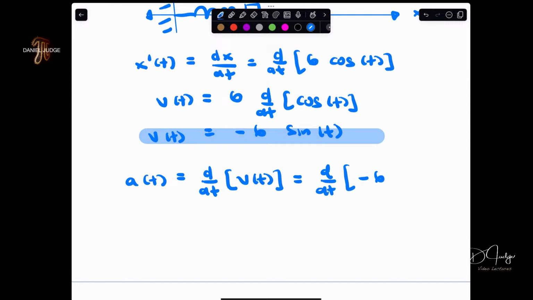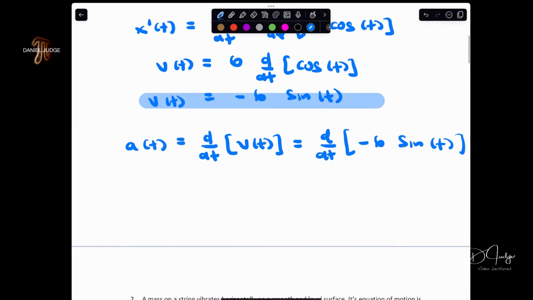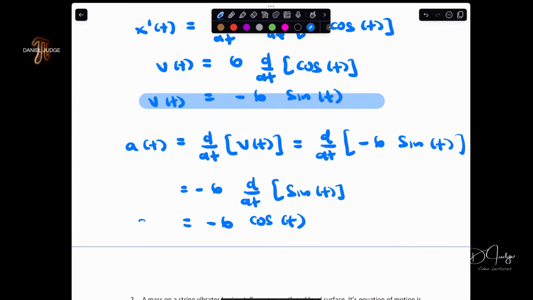And so I have to differentiate negative 6 sine t. Pull out your constant and differentiate sine. The derivative of sine is cosine. So this is going to be simply negative 6 cosine t. You have acceleration now.